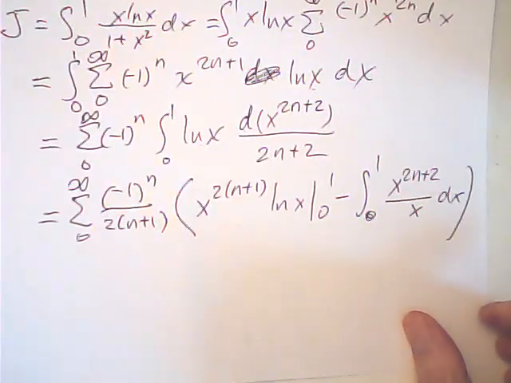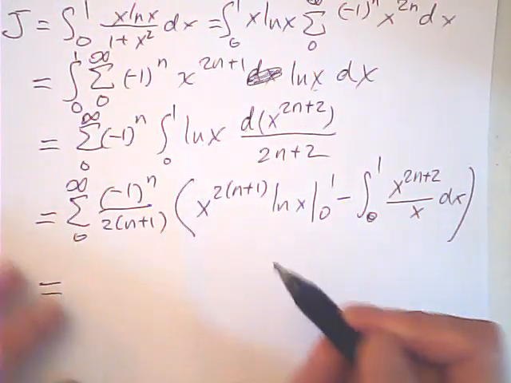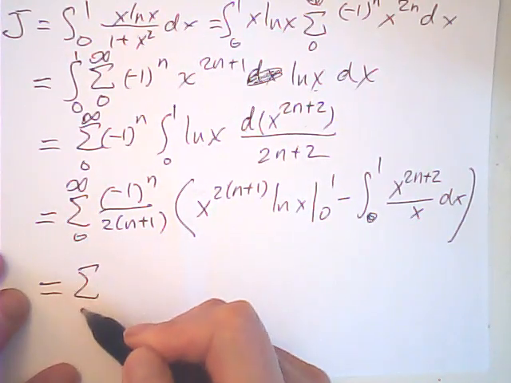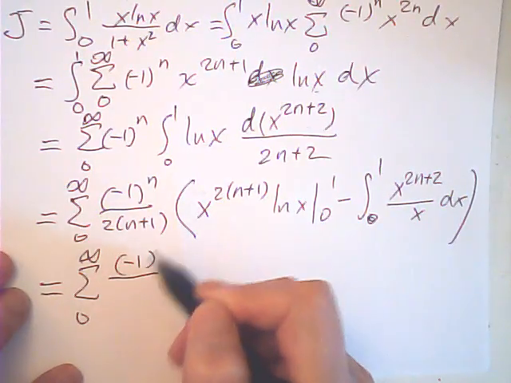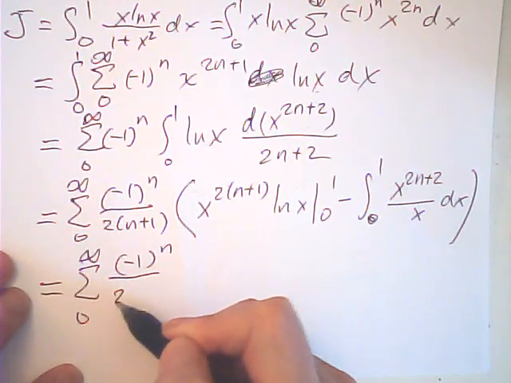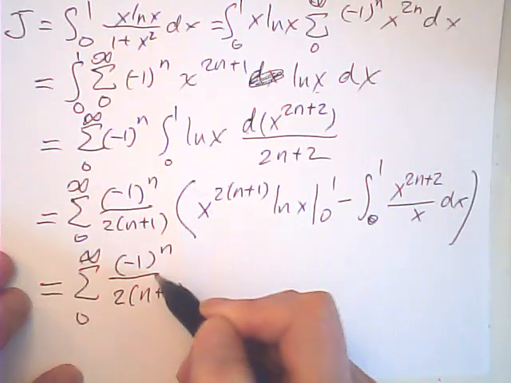Wow, it's good. And this is sigma from 0 to infinity, 2n plus 1.